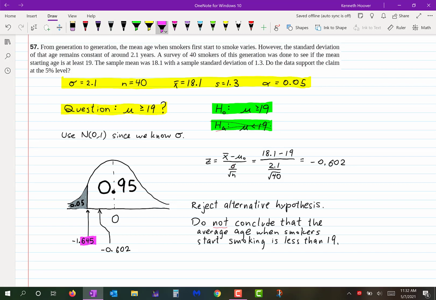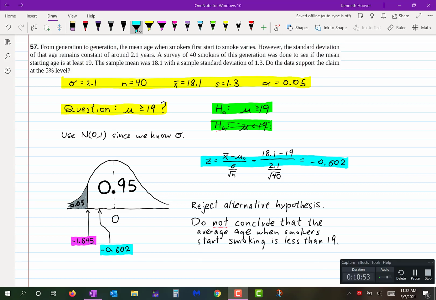This right here is simply looking up a number. And finally, this right here is one calculation. Then you see where that number lands and you make your conclusion. Okay, very easy really when you get the hang of it.